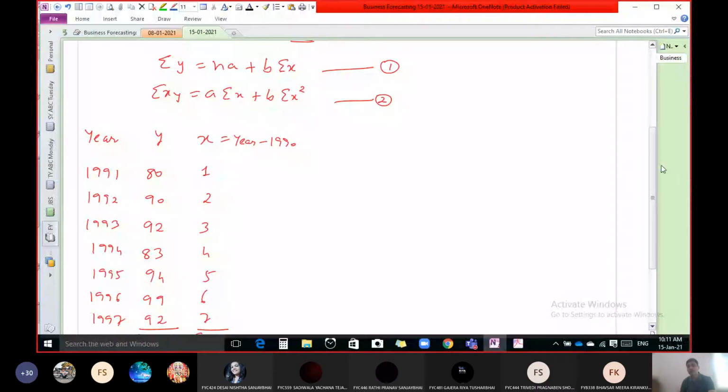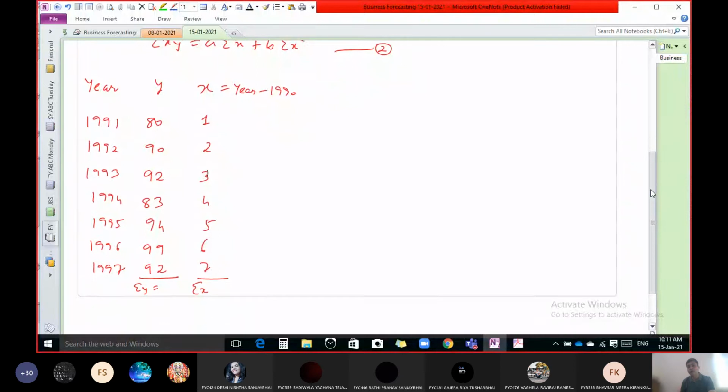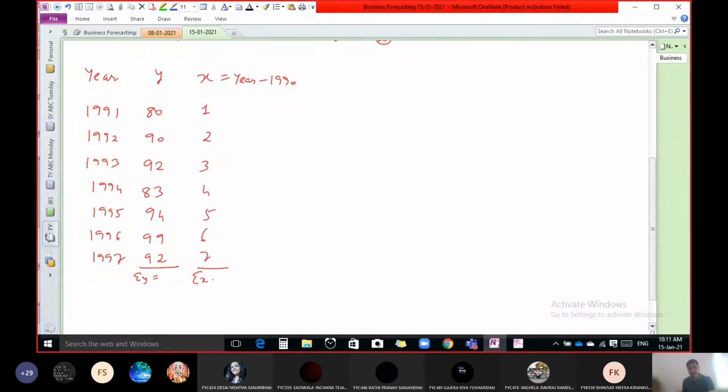So if we are able to convert the total of x to 0, then our calculation becomes simple. And this is always possible when years are given at equal distance. So instead of subtracting 1990, if we subtract the middle year, that means 1994, then what will happen?